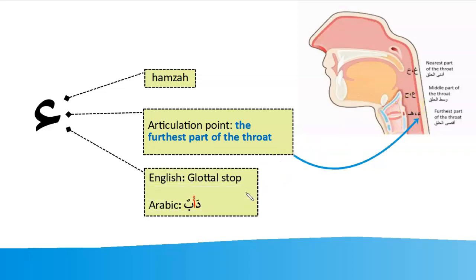In English, it's often called a glottal stop, because we don't have a corresponding letter in the English language for Hamza. So in Arabic, for example, when we say da'bun, you can see it's like we are having a brief stop after da'bun. That's what Hamza does. It's like a glottal stop. And da'bun means habit. A good habit, bad habit, habit.